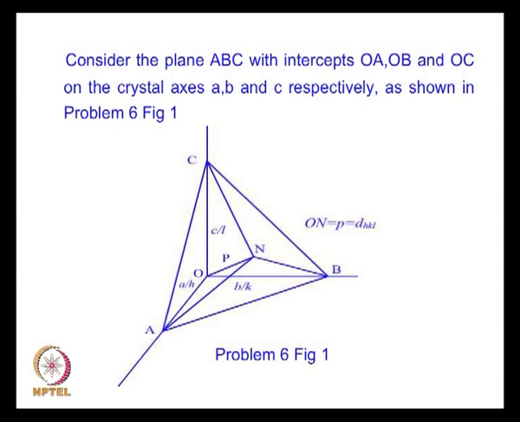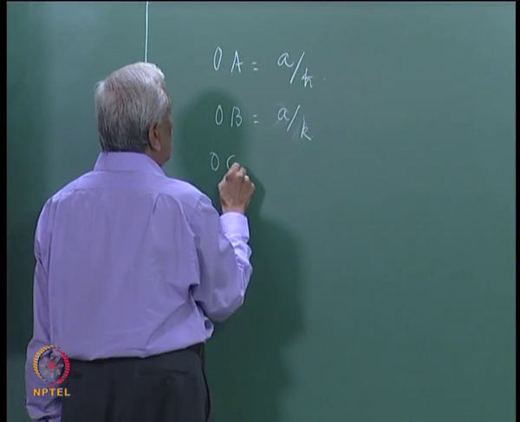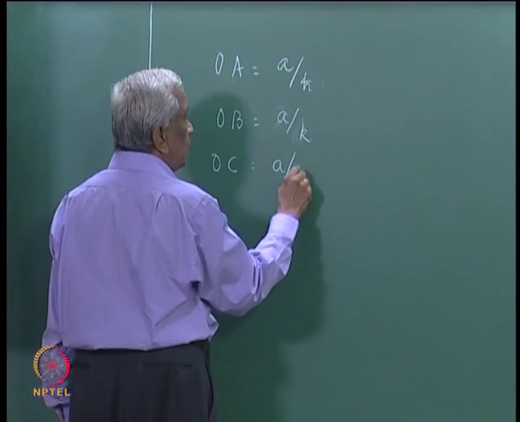The Miller indices of this plane ABC are chosen to be hkl, so that by the definition of the Miller indices, OA is a by h, OB is b by k. Well, it is a cubic crystal, so it is all a by k, OC is a by l.